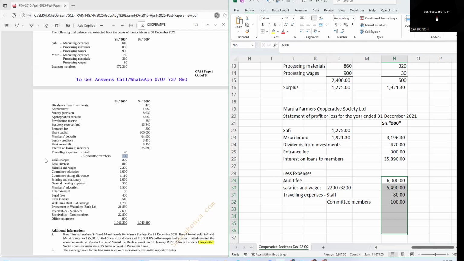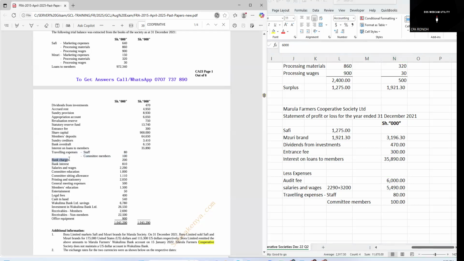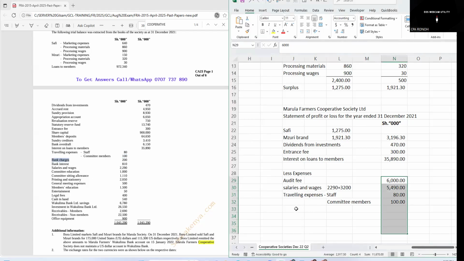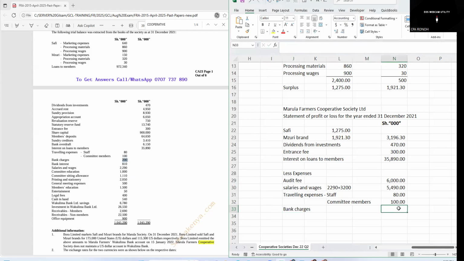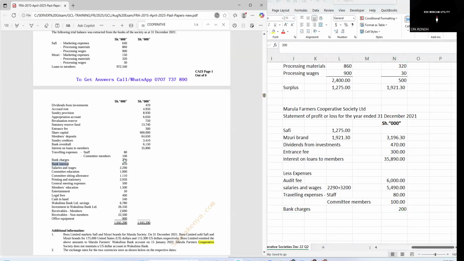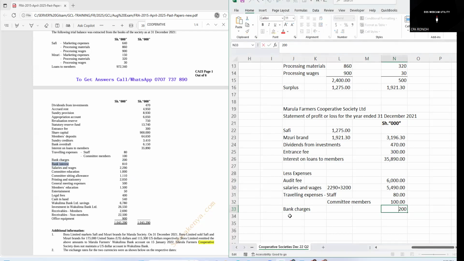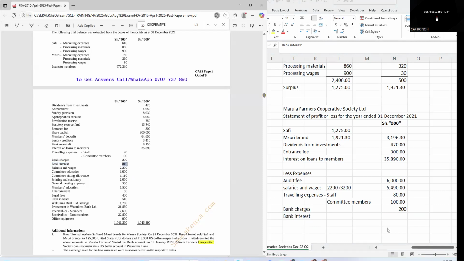And then bank interest 200. And if I pick the wrong figure, you tell me. Bank interest, that was bank charges. This is bank interest 810.